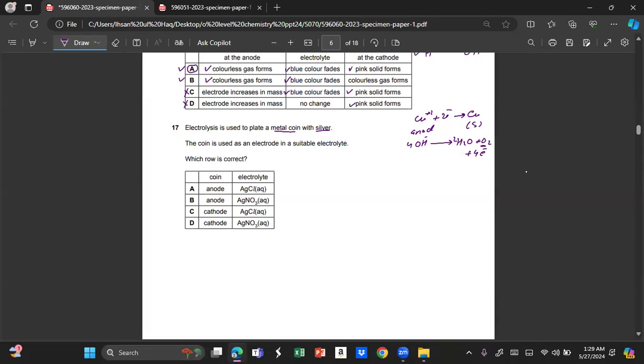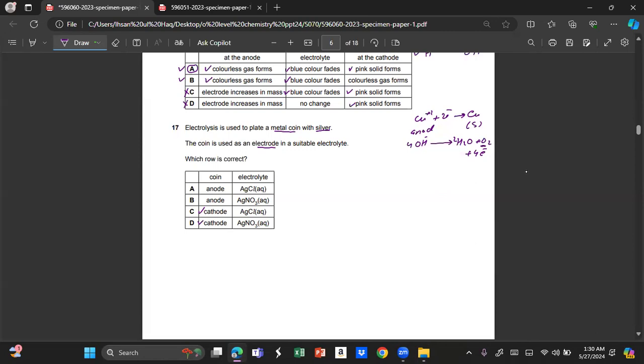The coin is used as electrode in a suitable electrolyte. Which row is correct? Which object is to be coated? The coin. The object to be coated should be taken at the cathode. The metal with which it is coated should be taken on the positive electrode. The coin should be made cathode.